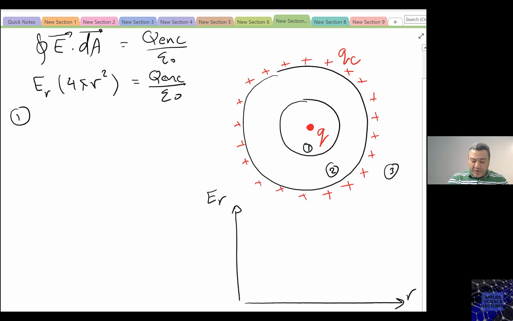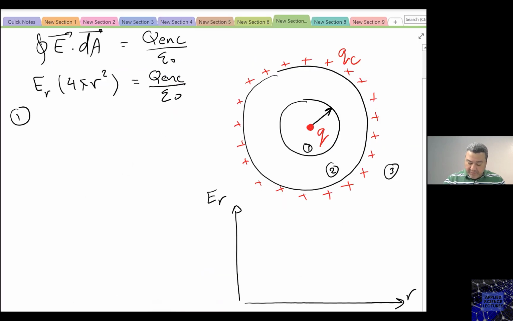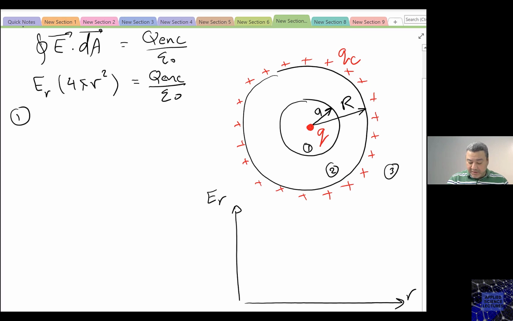We need to evaluate the first region, region number 1. In this region, we have the radius of the cavity, which is, as you can see here, A, and then we have the radius for the outer surface of the spherical conductor, which is capital R. Now we need to draw our Gaussian surface for the region number 1.